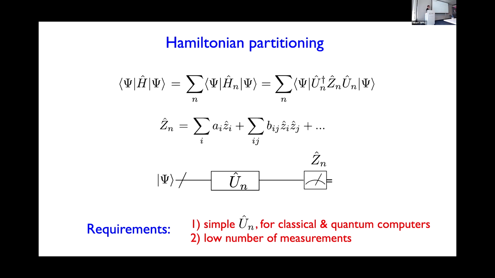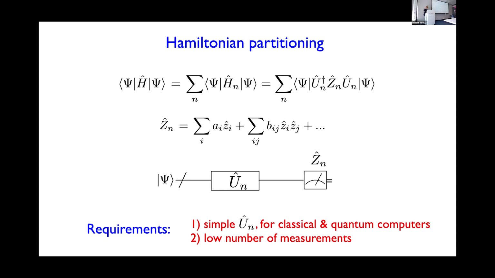There are a few requirements for these extra unitaries. They need to be simple on the classical and quantum computer. On quantum, because we don't want to overload the circuit. On the classical, because we want to know what we're going to measure. The second requirement, which mostly Hyun-Hoon will address in his talk, is how to lower the number of measurements, because one cost of this simplicity is that we are preparing a wave function which is the eigenstate of the Hamiltonian, but it's not an eigenstate of the fragment, right?